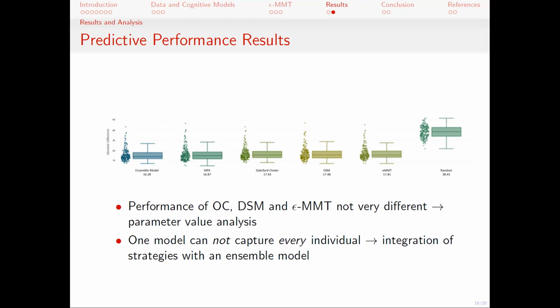Around 40% of the individuals were best predicted by OC, another 40% by DSM, and the rest by epsilon MMT. So we decided to integrate the model strategies into one so-called ensemble model, which simply takes the model that made the best prediction for each individual. With that, we surpass the upper bound, and more importantly, we emphasize how there is not one single model that can capture every single individual.